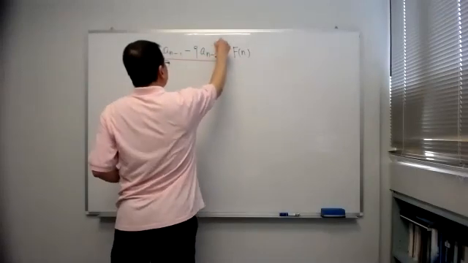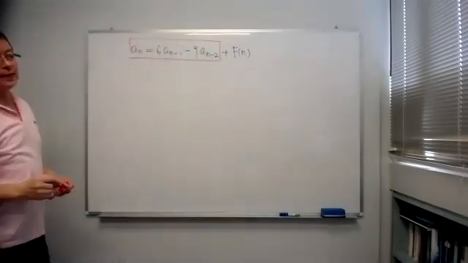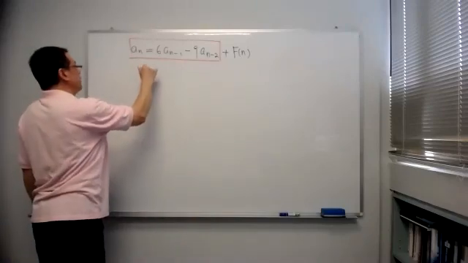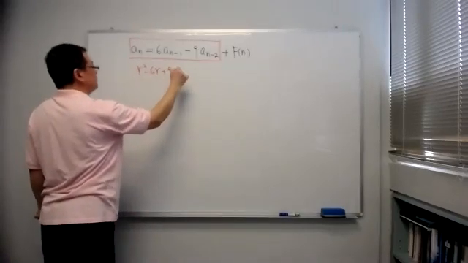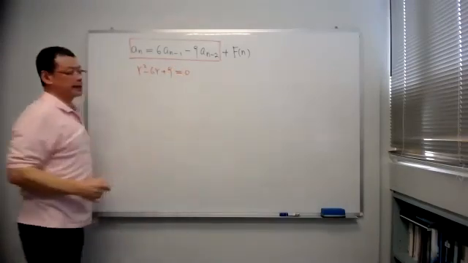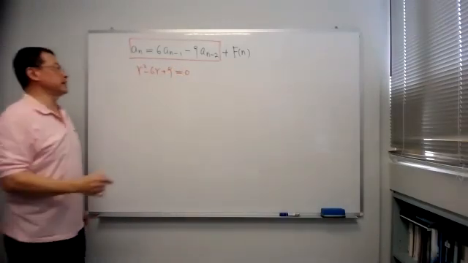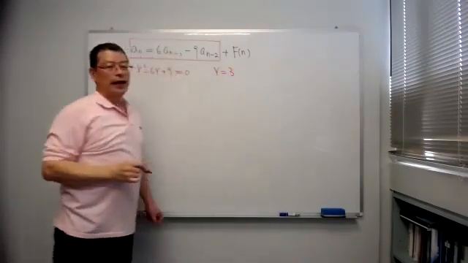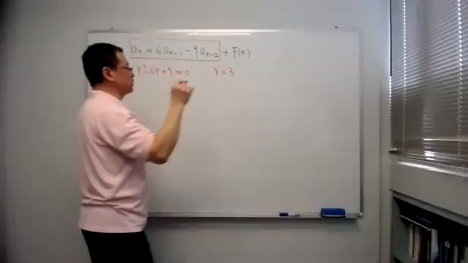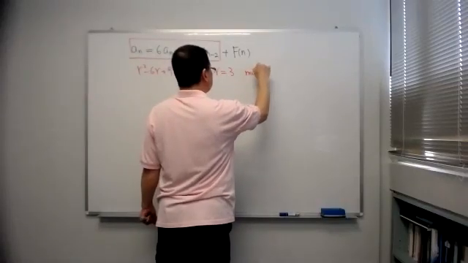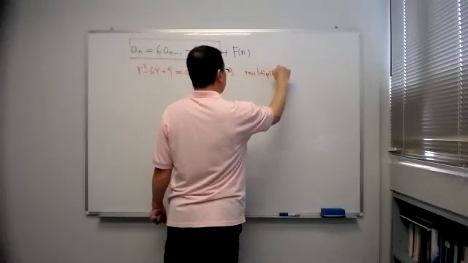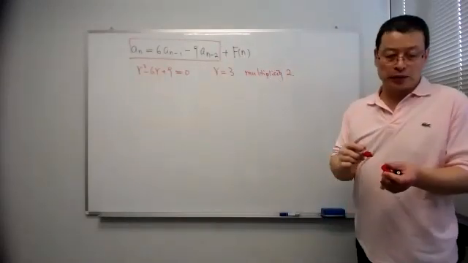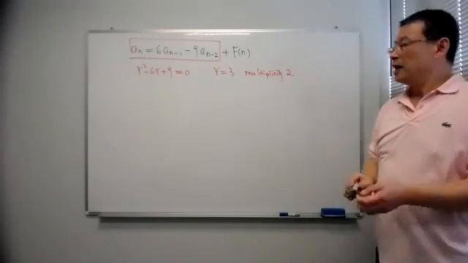Now the characteristic equation is r squared minus 6r plus 9. This is the characteristic equation. So that gives us the root r equals 3, with multiplicity 2. So we have two identical roots, 3.